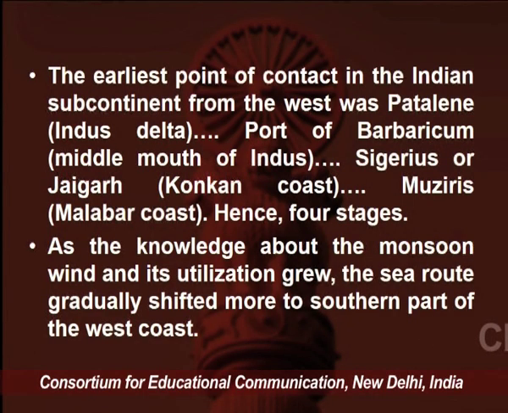From there, they probably came to the port of Barbaricum, which is the middle mouth of Indus River, and from there to Sigirius or Jaigarh, which is located on the Konkan coast, and from there to Muziris, which is on the Malabar coast. So, that explains how it is a 4-leg kind of movement from the Red Sea to the Malabar coast.